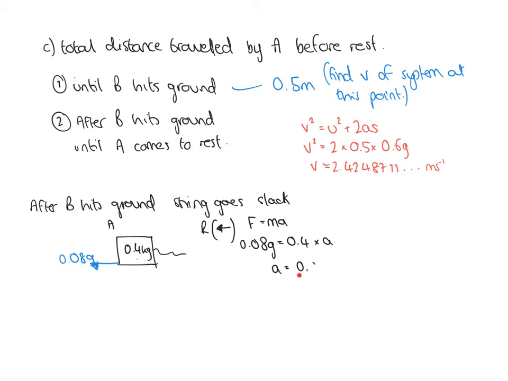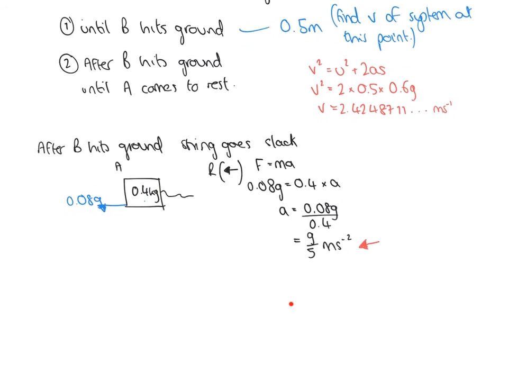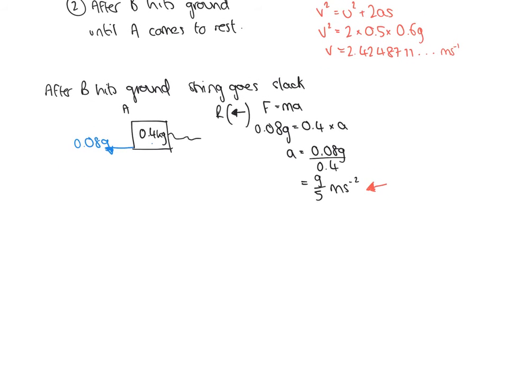Mass is 0.4, so the acceleration, rearrange that, is 0.08 over 0.4. May as well keep it in terms of g for now. Always, where you can, leave your answers in terms of g. So the acceleration is g over 5 to the left. That's not just me pointing at the answer, that's me showing that the acceleration is in that direction. Okay, or it's deceleration, effectively.